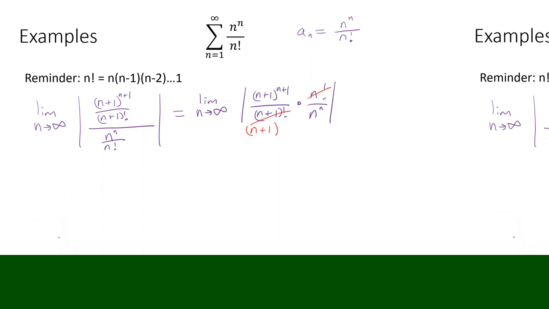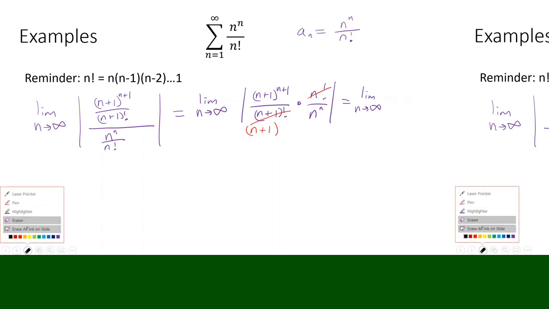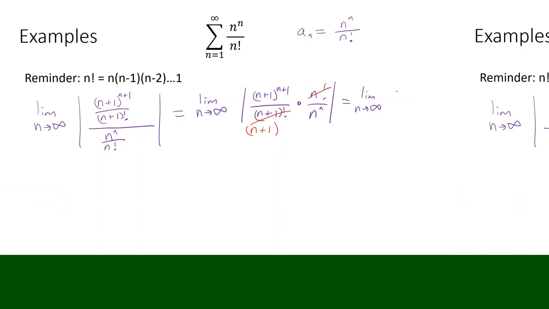All right. Okay, so then I get the limit as n goes to infinity, and everything's positive here, so I don't need the absolute values, so we can drop them, of (n+1) to the n+1 over (n+1) times n to the n.